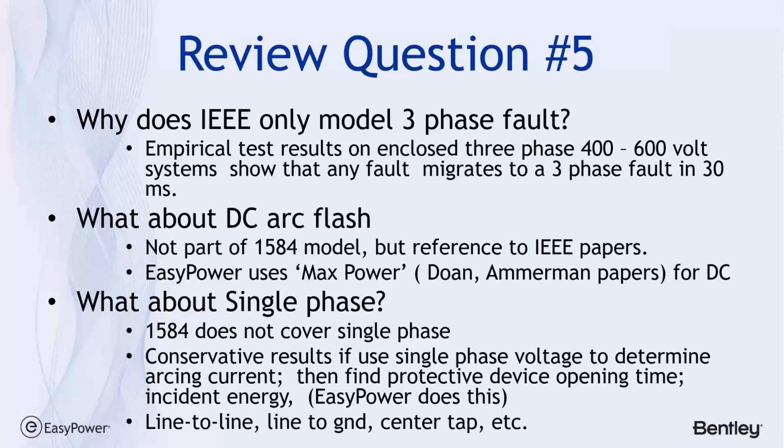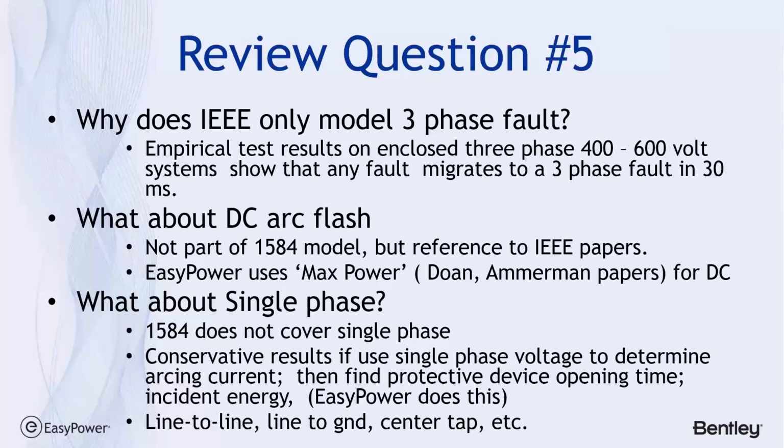Review question 5. Why does IEEE model only three-phase faults? Well, again, the reason IEEE 1584 is so popular and esteemed is that it involved a very large battery of testing that included three-phase systems. They tried to induce a single phase.